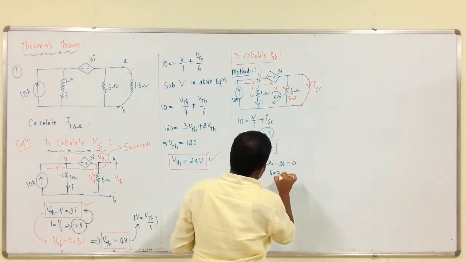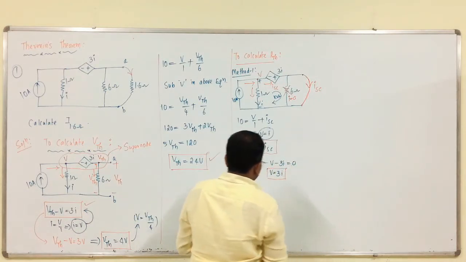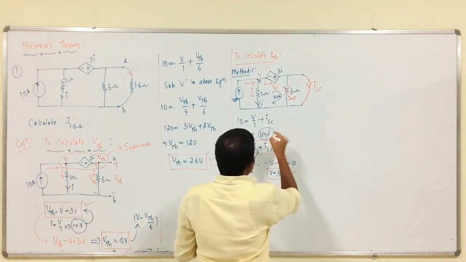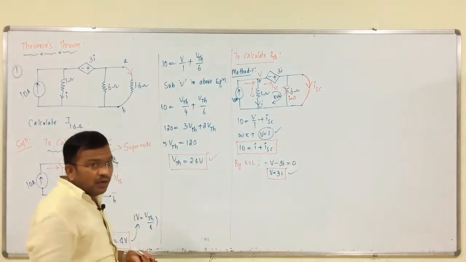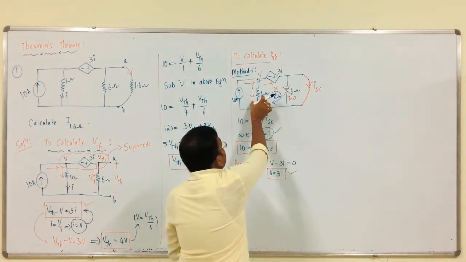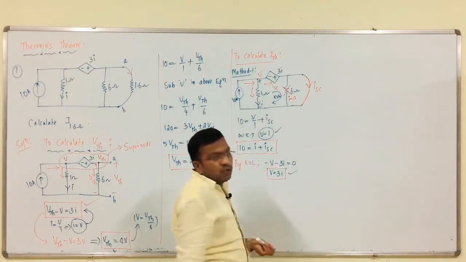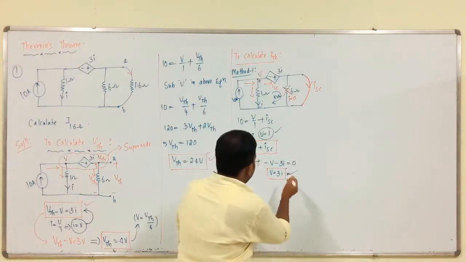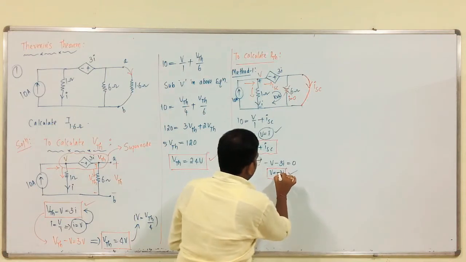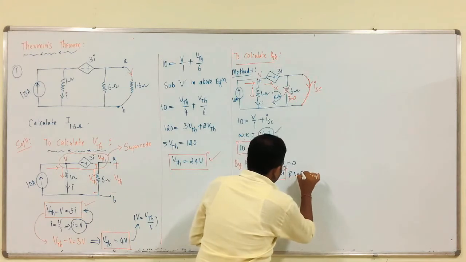From this, V is equal to 3I. But from the 1 ohm branch, V is equal to I. Is it possible to get that? At the same time we have V equal to I, but by using KVL in this loop we have V equal to minus 3I, and V is equal to I.